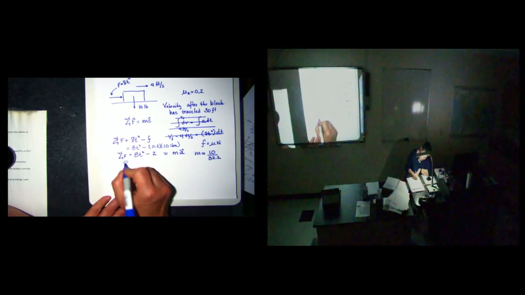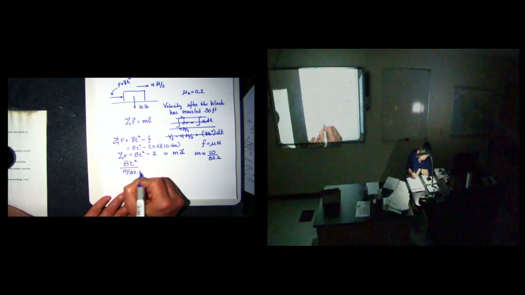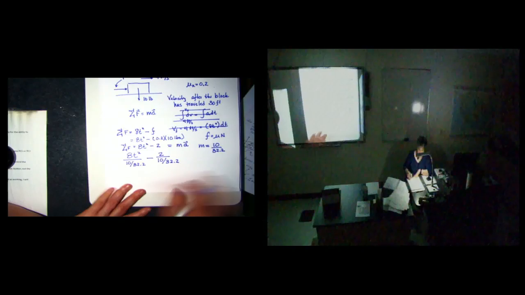That is going to equal 32.2 divided by 10, 8t cubed divided by 3 minus 2t, from 0 to t. And this gives me v minus 4. V is equal to 8.587 t cubed minus 6.44 t plus 4.